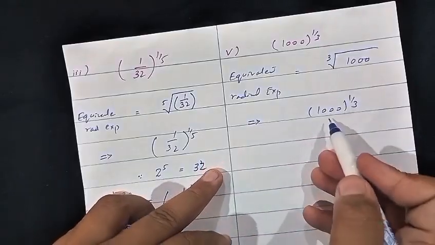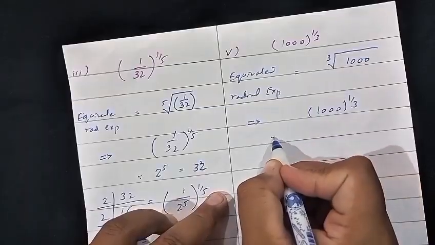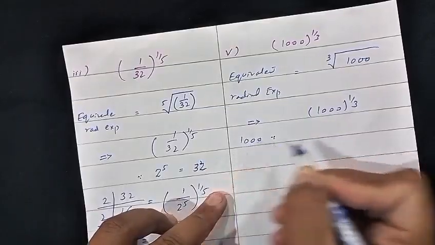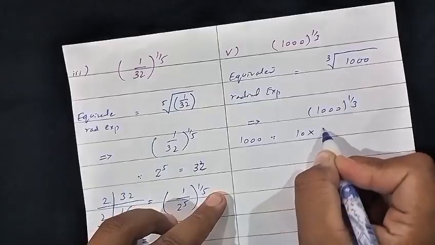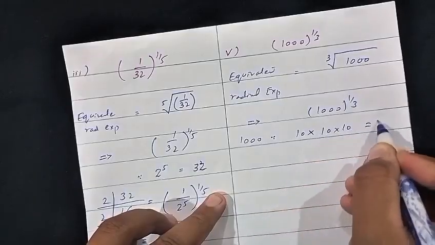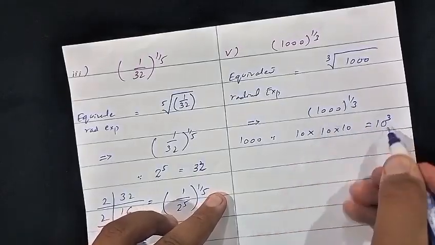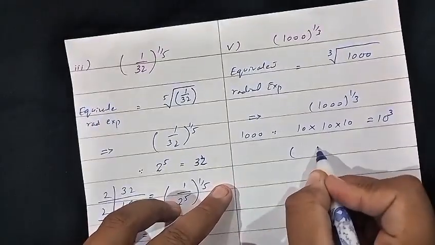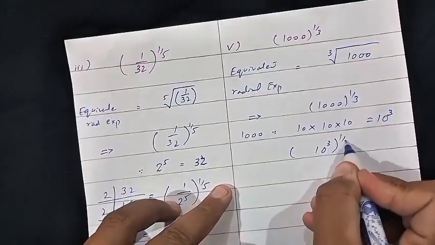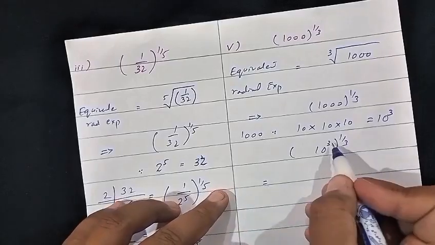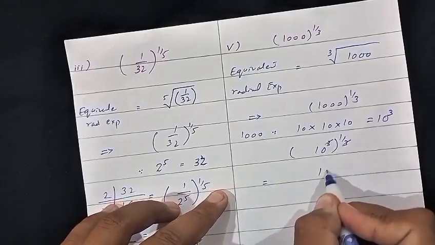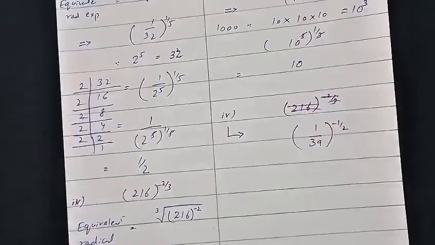So here we factorize 1000 in form of 10, as we know that 1000 is equal to 10 multiplied by 10 multiplied by 10, which is equal to 10 cube. So we replace 1000 by 10 cube. Powers cancel each other. We get the answer 10.